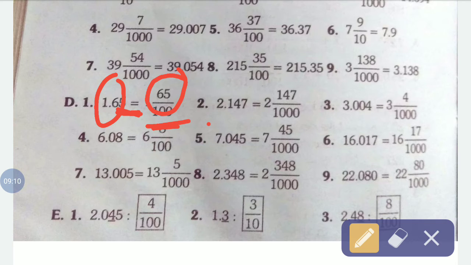Here 2 is the whole part and 147, means after 3 digits there is a decimal point, so 147 upon 1000. Here after 3 digits the decimal point is there, so 4 upon 1000. You have to see that after how many digits the decimal point is there, according to that your denominator will be.